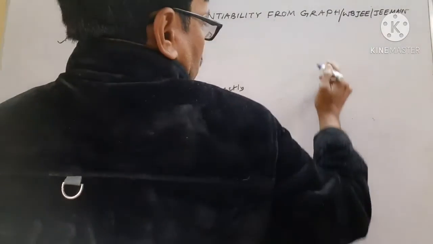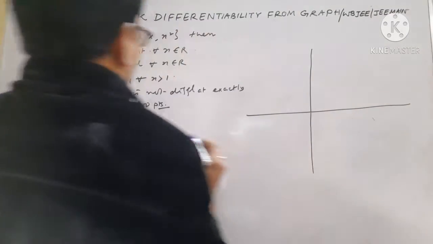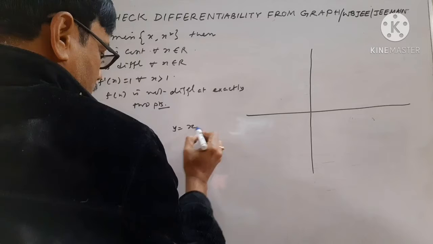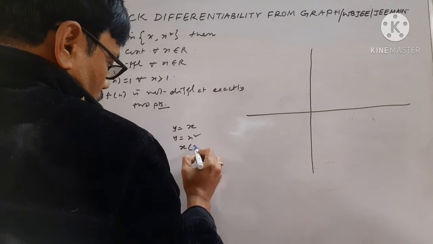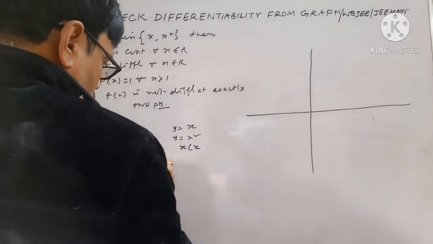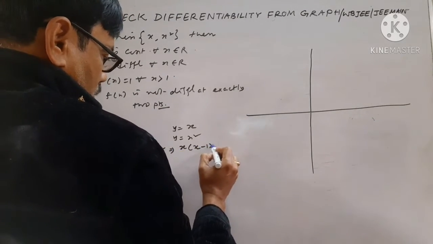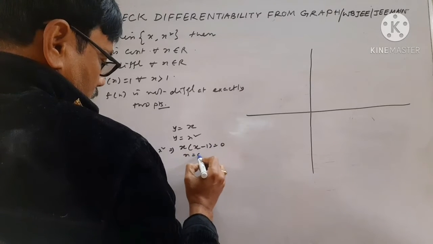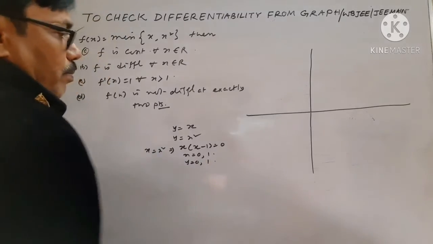So first we draw the graph. There are two graphs, y equals x and y equals x square. First we try to get the point of intersection of these two curves. x equals x square, so x into x minus 1 equals 0, so x equals 0, 1. So y equals 0, 1.